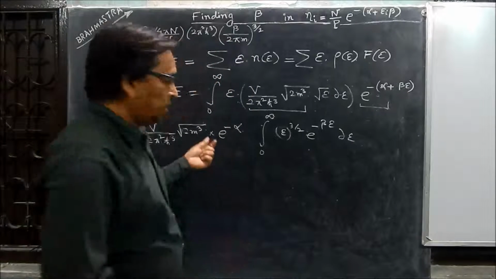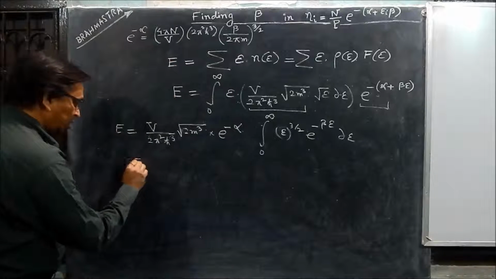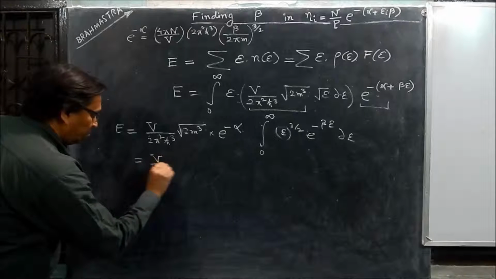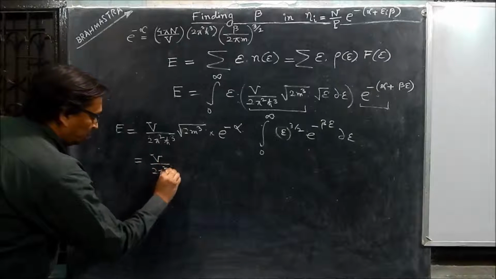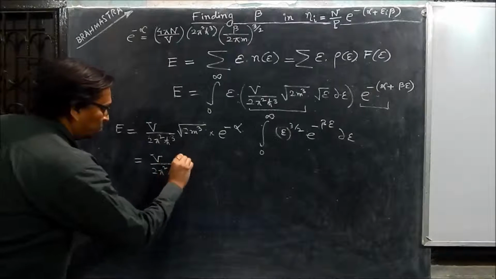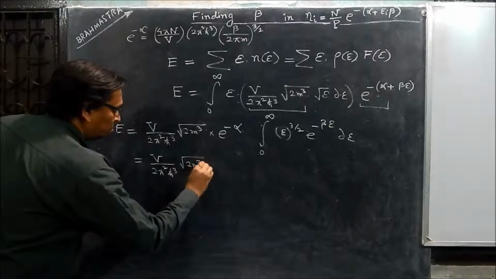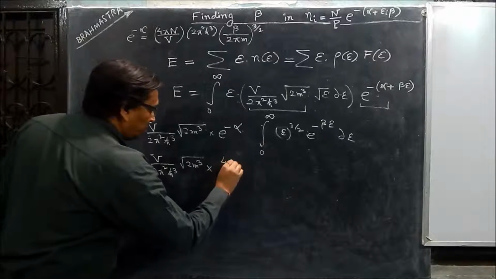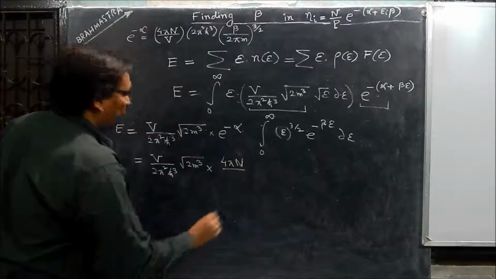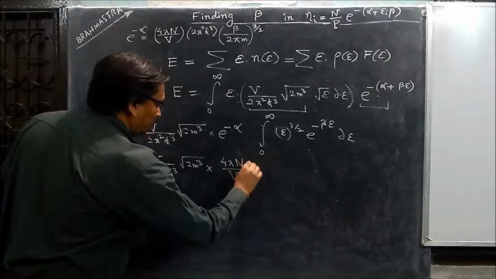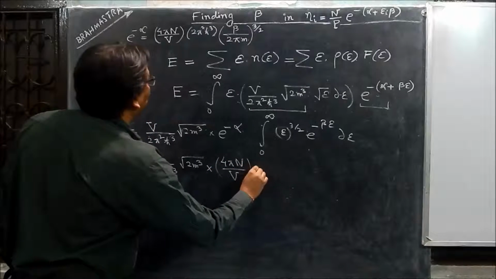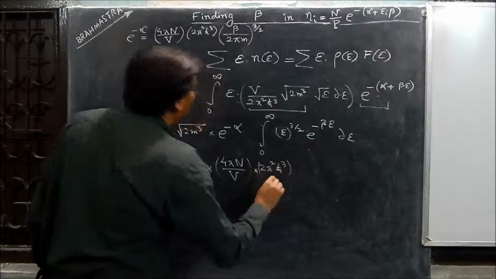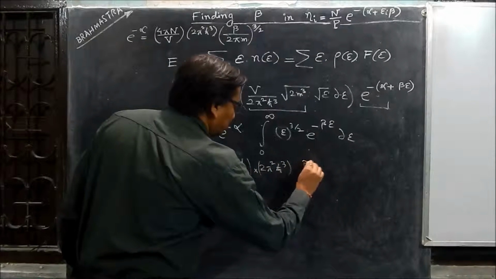However, if I put the value of e to the power minus alpha, then I think it will be a little bit smaller. So if I put V by 2 pi square h bar cube into e to the power minus alpha, which is 4 pi, number of particles by volume, into 2 pi square h bar cube, and that is beta.